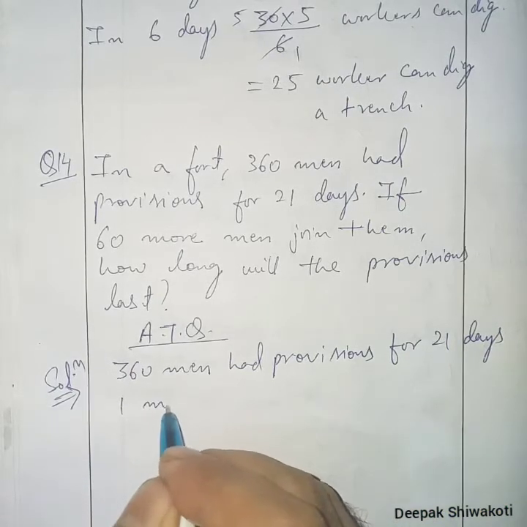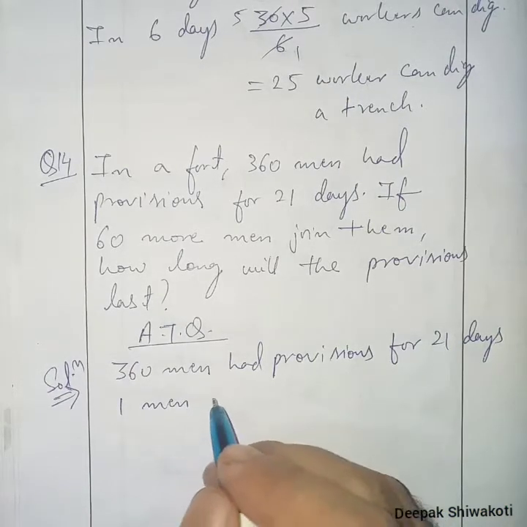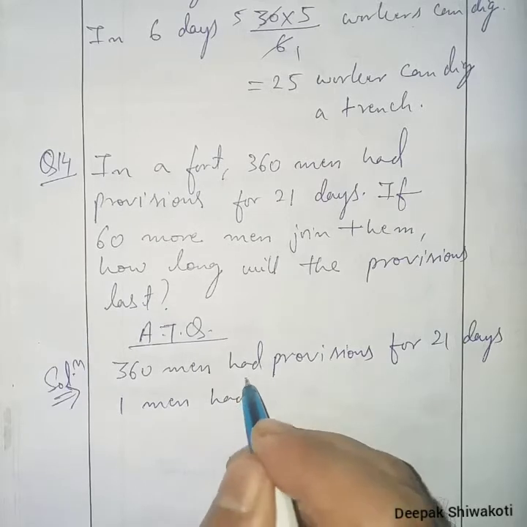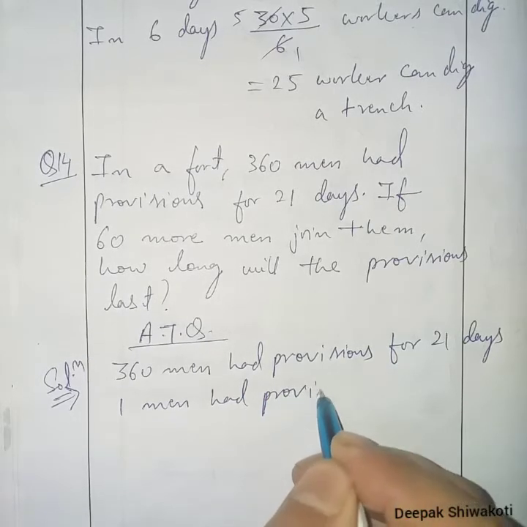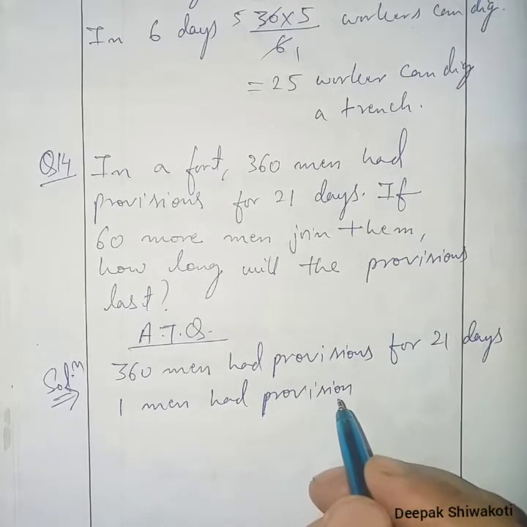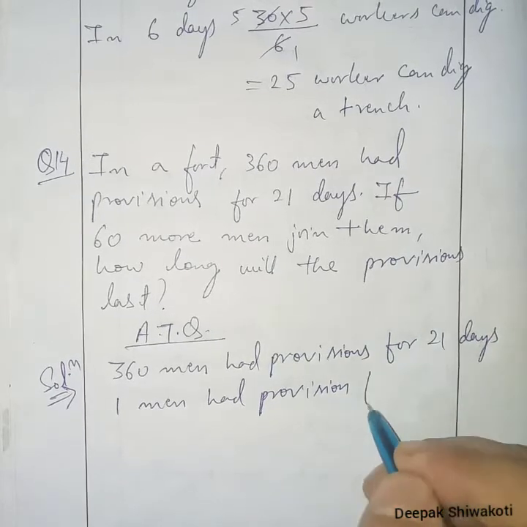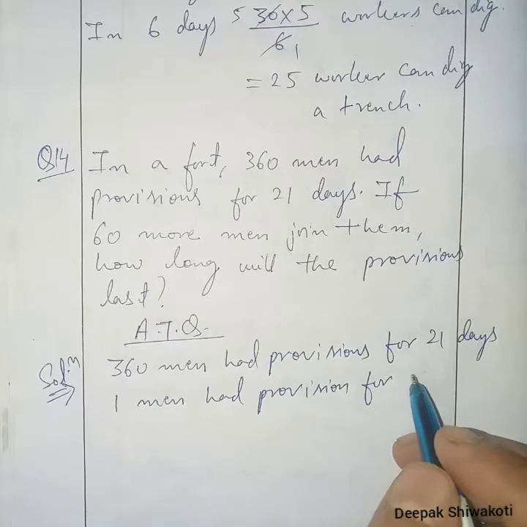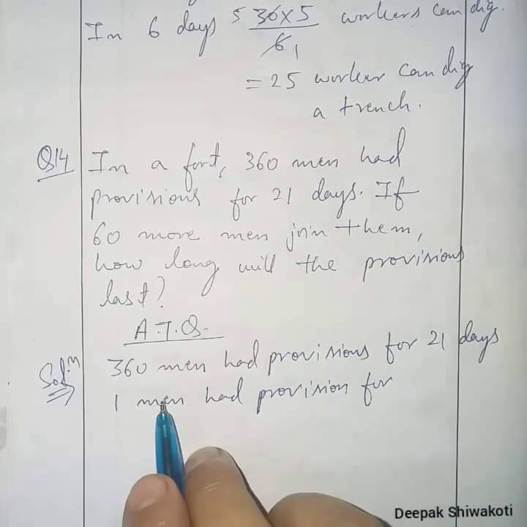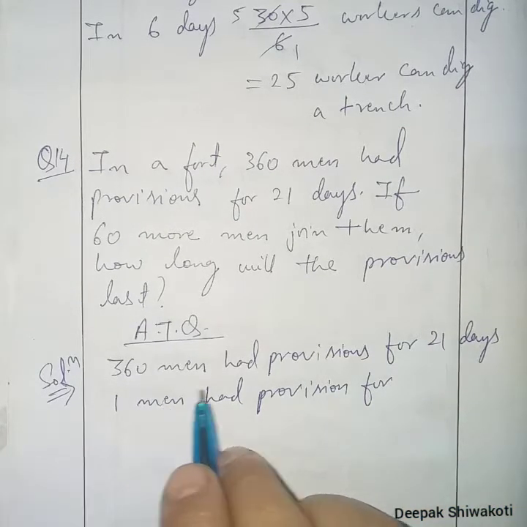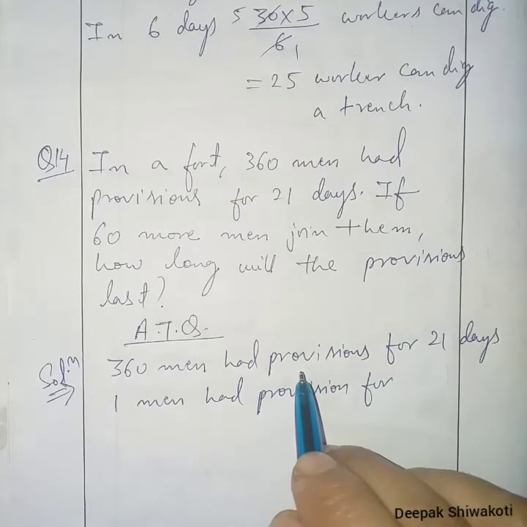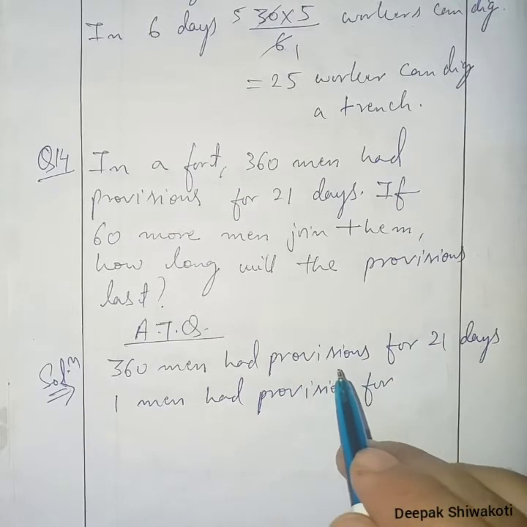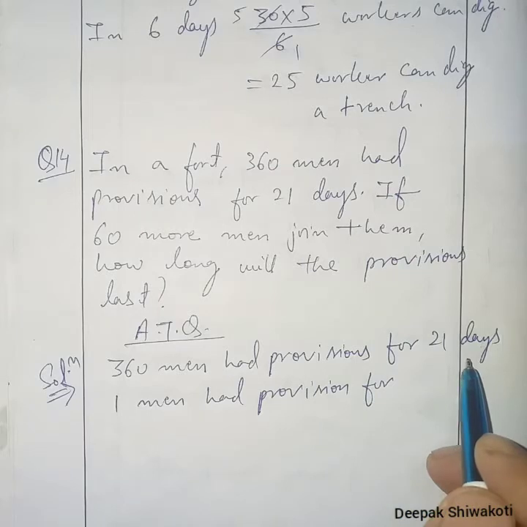One man, unitary method, so one man had provisions for more days, isn't it? 360 men will eat, will take rest there for 21 days.